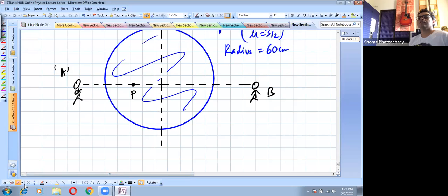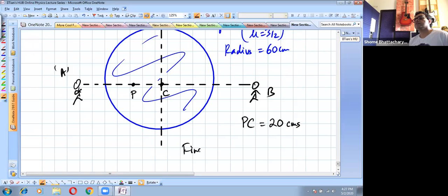These are just two diameters arbitrarily drawn. So this is the center of curvature, and the distance PC is given to us as, suppose, 20 centimeters.